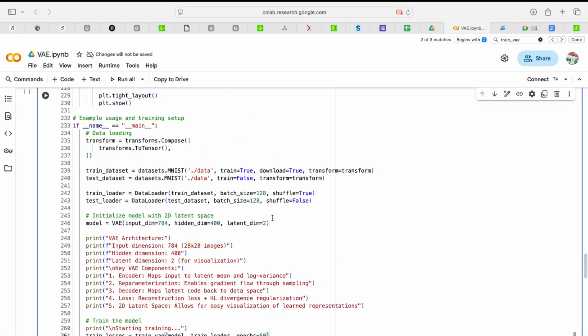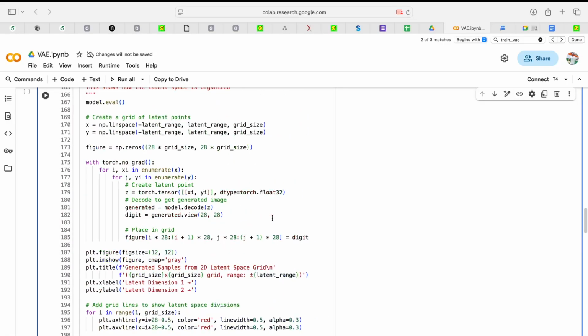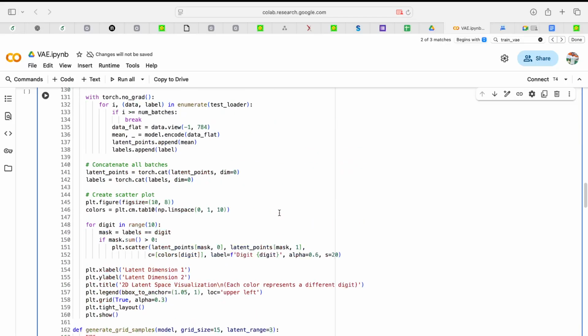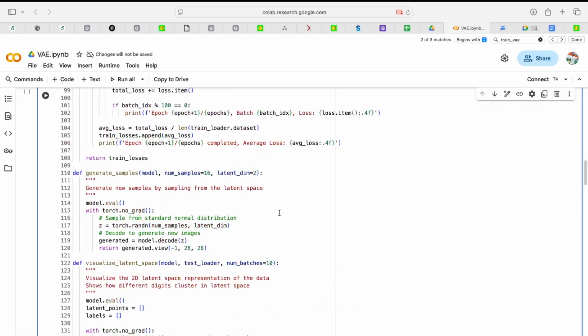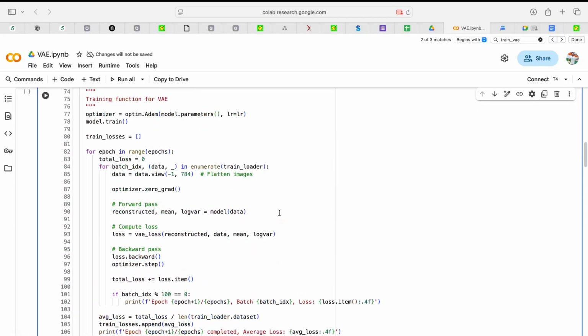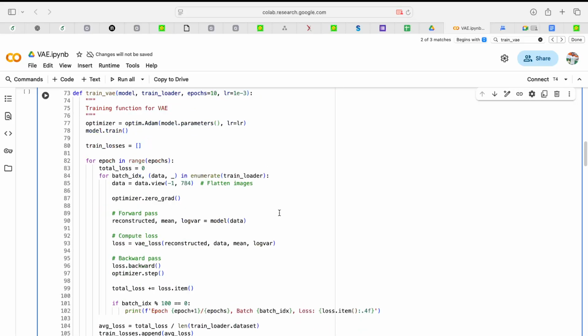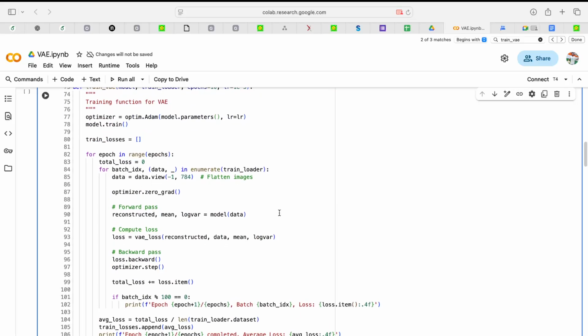When you go to train VAE, this is the script for training. It is putting the data there.